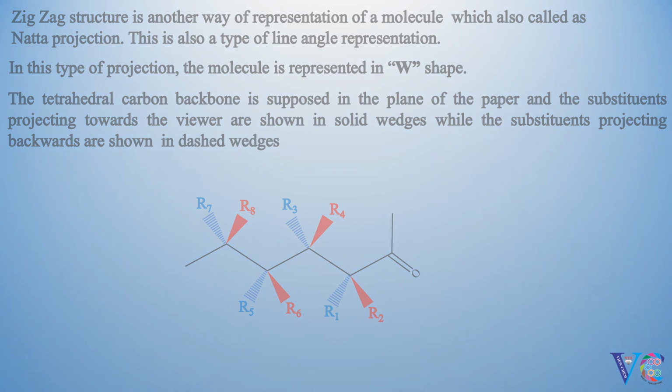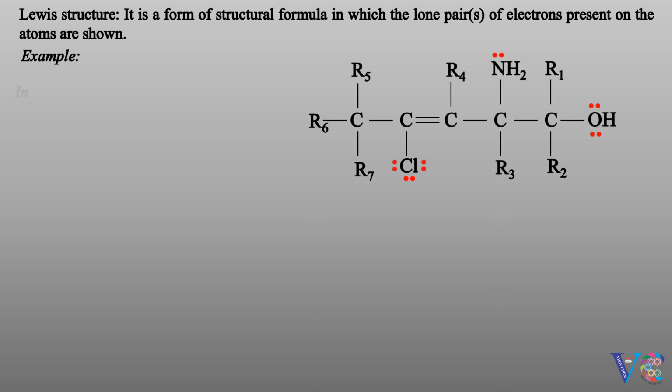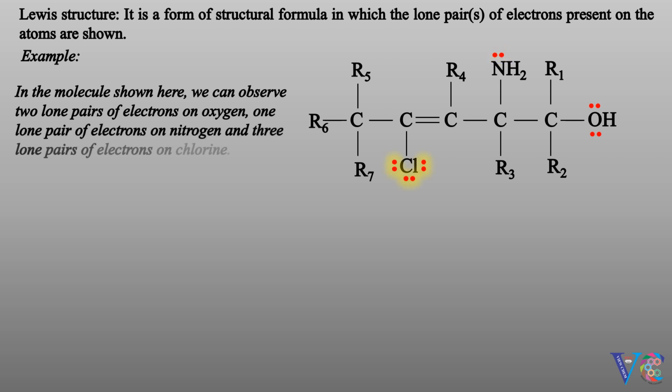Lewis structure: it is a form of structural formula, in which the lone pairs of electrons present on the atoms are shown. For example, in the molecule shown here, we can observe 2 lone pairs of electrons on oxygen, 1 lone pair of electrons on nitrogen, and 3 lone pairs of electrons on chlorine.